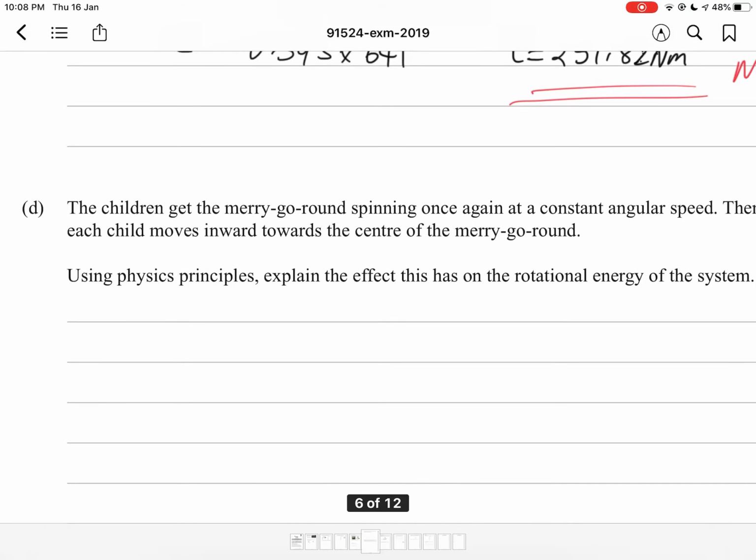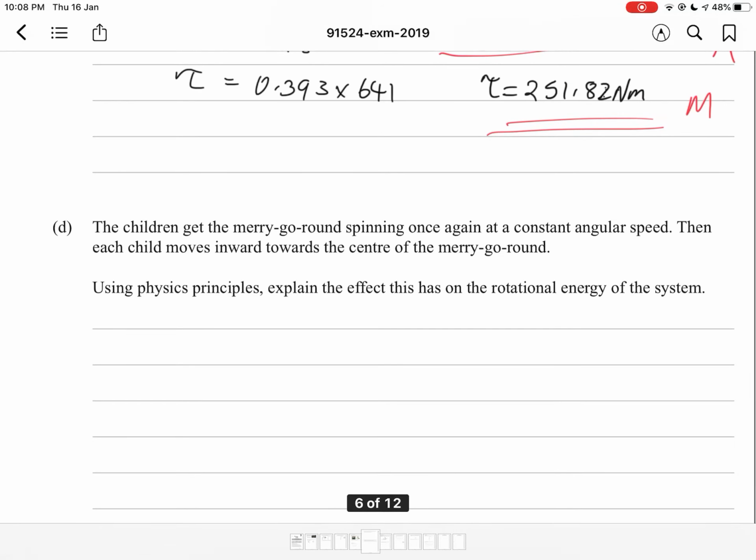Question D. The children get the merry-go-round spinning once again at a constant angular speed. Then each child moves inwards towards the center of the merry-go-round. Using physics principles, explain the effect this has on the rotational energy of the system.